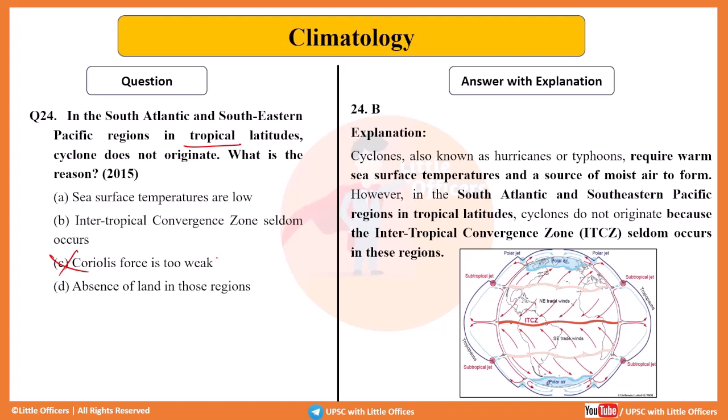Absence of land in those areas: in the South Atlantic we can see Africa and South America, though the land is less, but you can see it even in the Eastern and Southeastern Pacific. And then the first option: tropical areas always have a good amount of sea surface temperature, so this is also wrong. The only option left is that ITCZ seldom occurs. That is a low pressure trough, and it seldom occurs because of the apparent movement. That is the reason behind it.